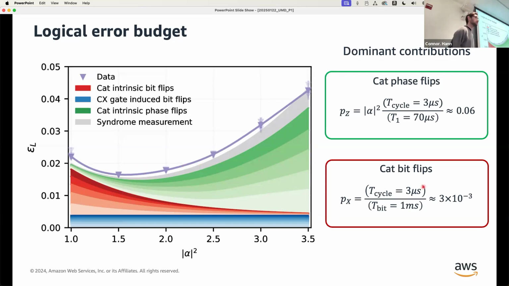And so, in order to improve the performance of this repetition code in the future, the main thing we'd want to do to start is find ways to improve the phase flip and bit flip rates. And we think there are a number of straightforward ways to do that. For instance, our error correction cycle duration was about 3 microseconds. That's the time it takes to perform the gates and measure the syndromes. That we think should be pretty easy to reduce, and so we have a straightforward path to reducing some of these errors so that you could further drive down this total logical error.